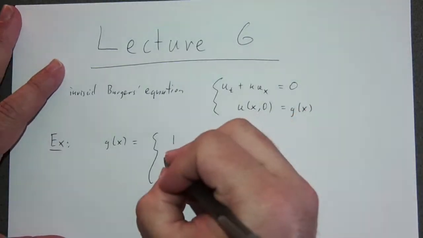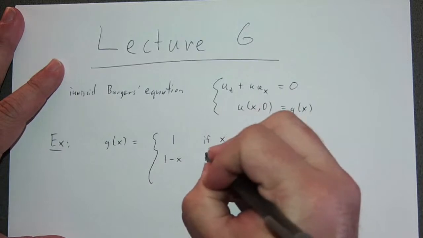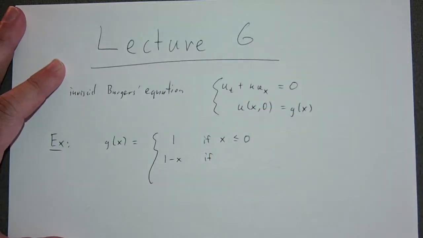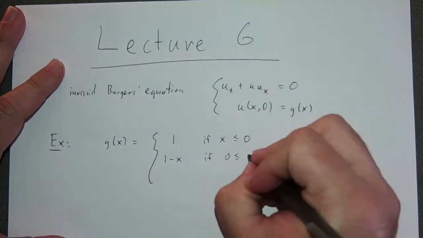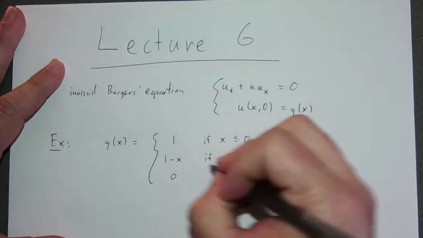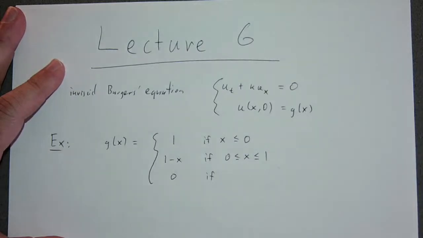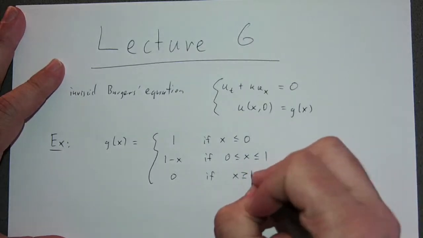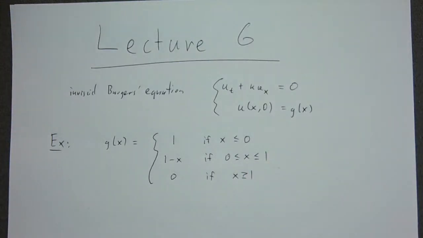It is 1 minus x if x is, say, between 0 and 1. And it is 0 if x is greater than or equal to 1.